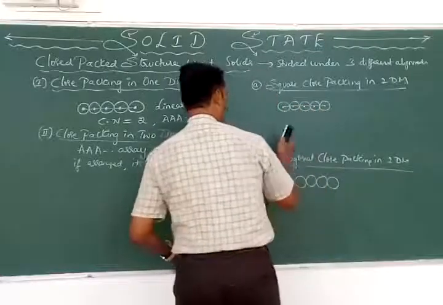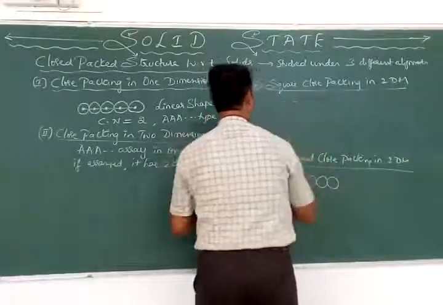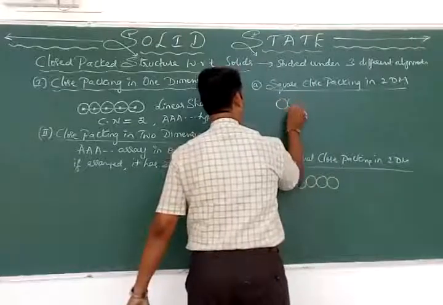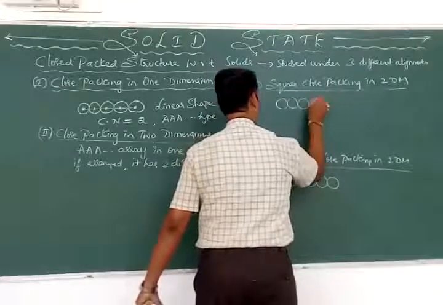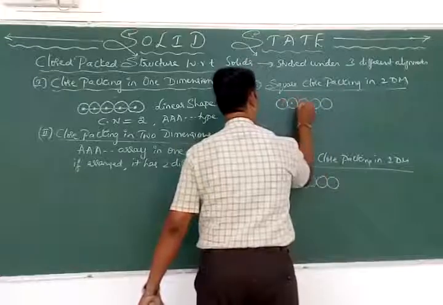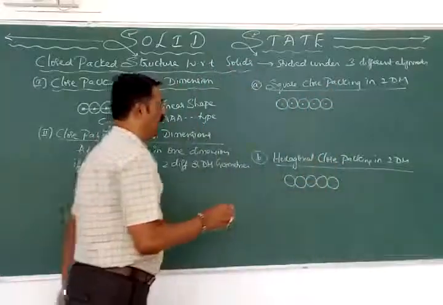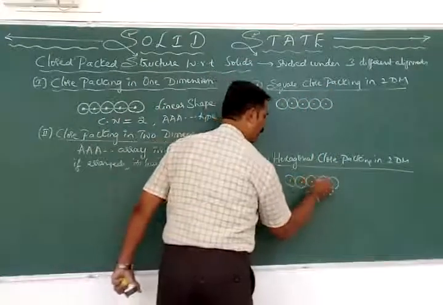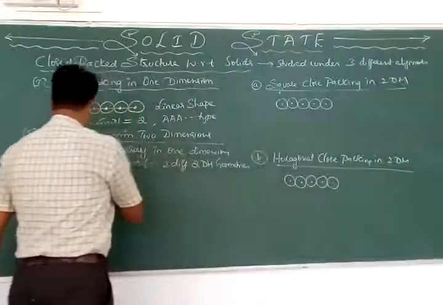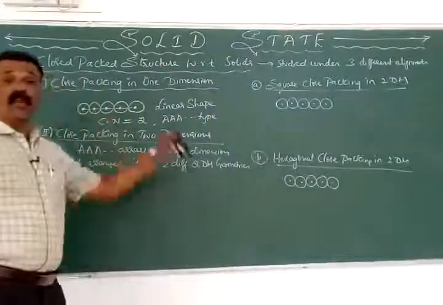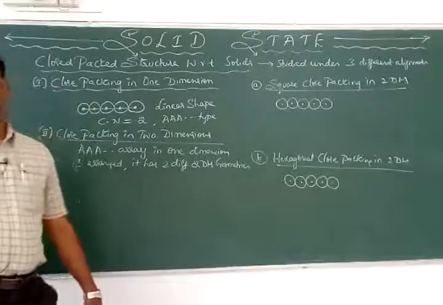So I don't want to mention the particle size here. What is it now? The AA type arrangement in what dimension? First only the one dimension.